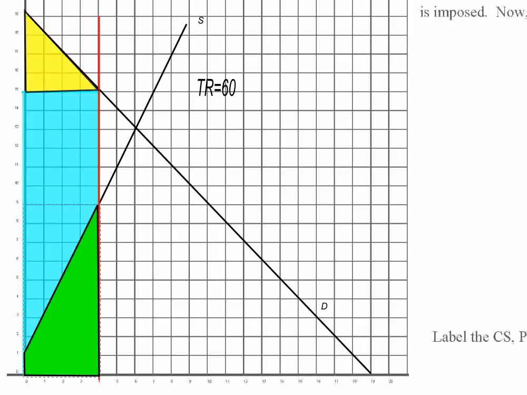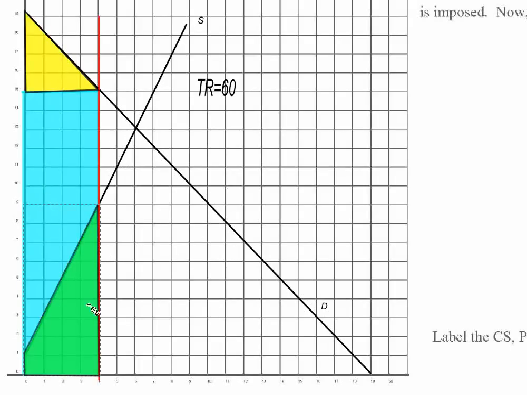Alright, so that's green. And then the producer surplus is what's left of the blue. I covered up the variable cost there with the green, and the blue is going to be the producer surplus part of total revenue.